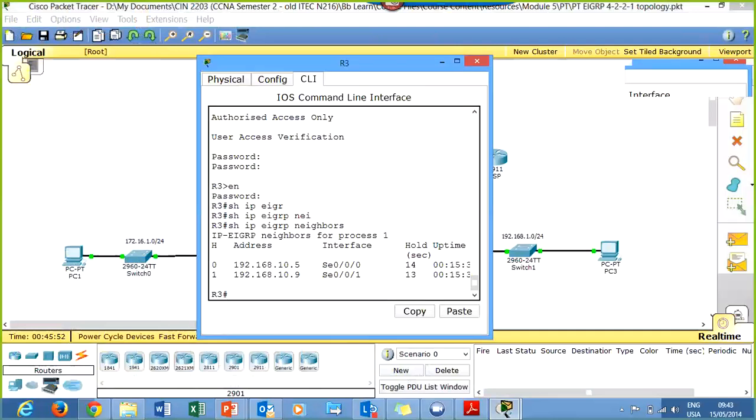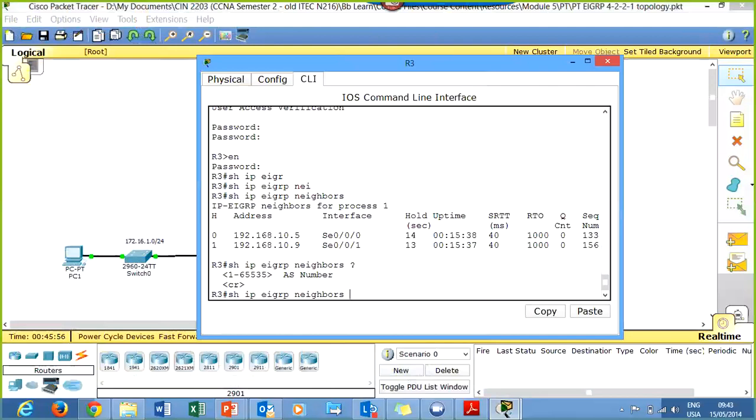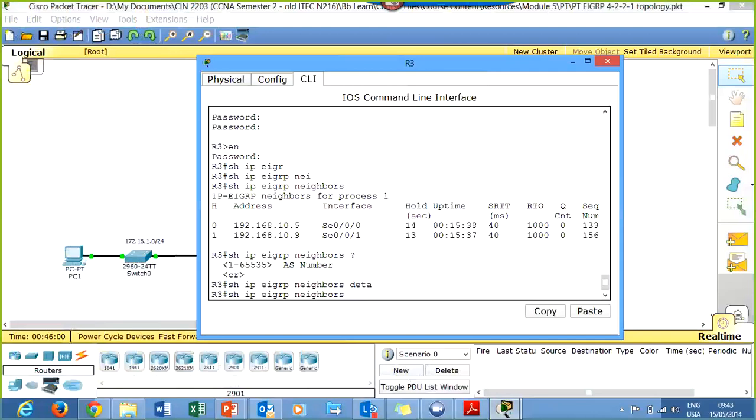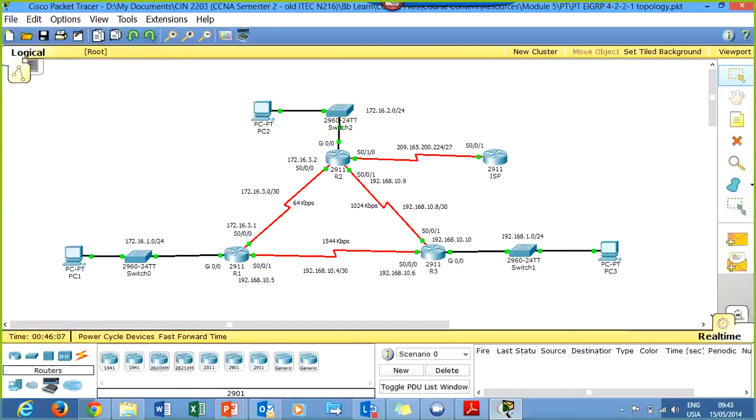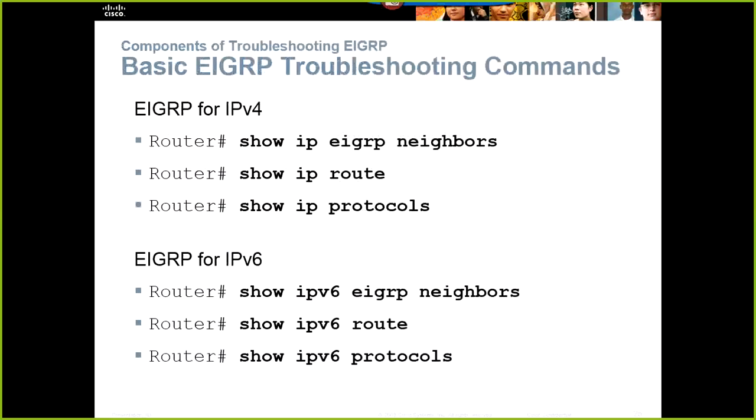Now this gives me only a summary. If I want, I can also. Oh, there's no detail option. On the real equipment, you can actually put neighbor detail, where it gives you even more details of the neighbors. Okay, so this is your verification. So show IP EIGRP neighbors.